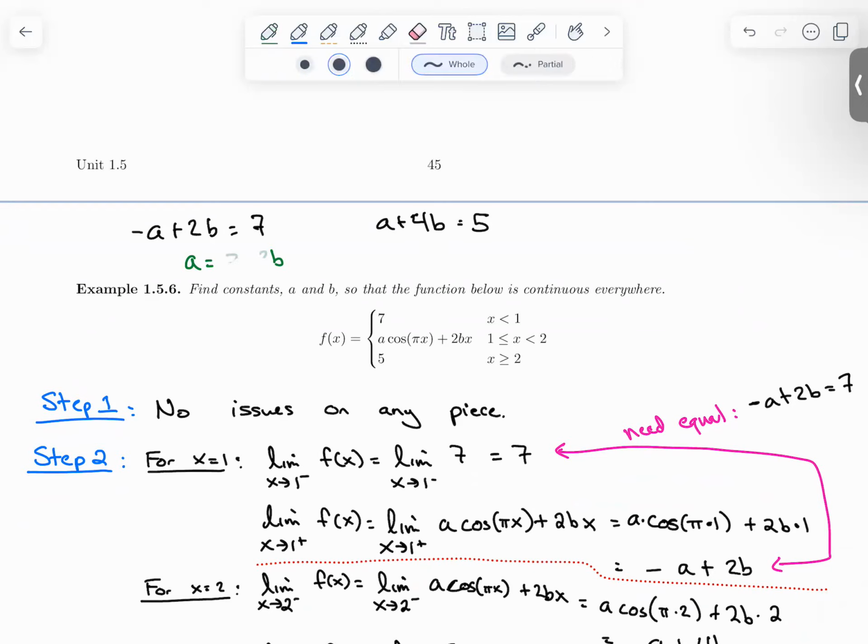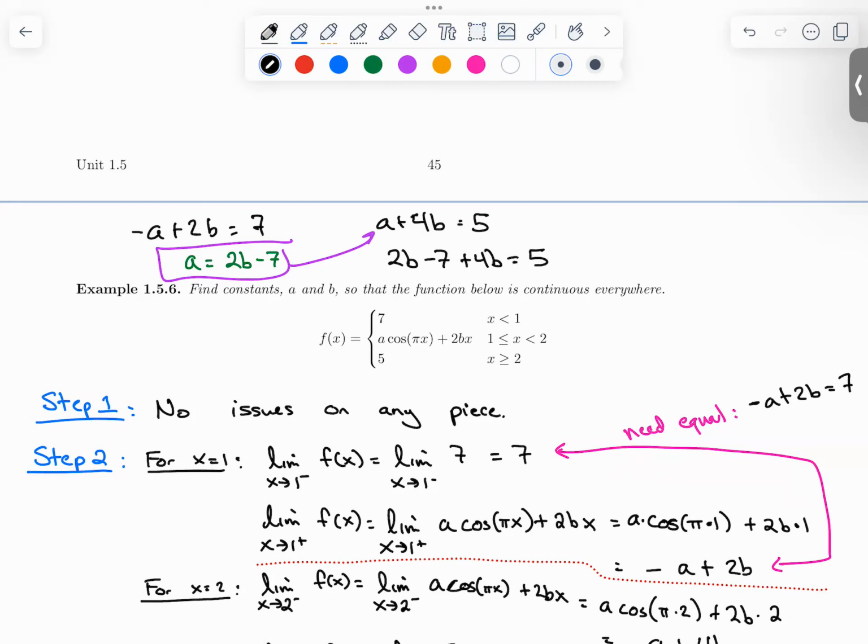Sorry, I got ahead of myself. And then you could plug this in for A. You'd get 2B minus 7 plus 4B is equal to 5, which would end up giving you 6B is equal to 12, just like normal. So that's another way to do it with the substitution method. I'm okay with either. Both are valid. I just find that the elimination method works better with me.